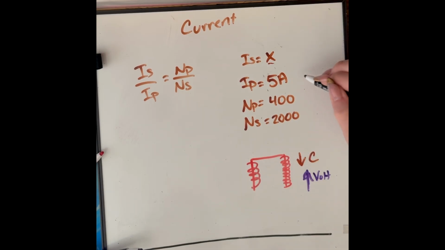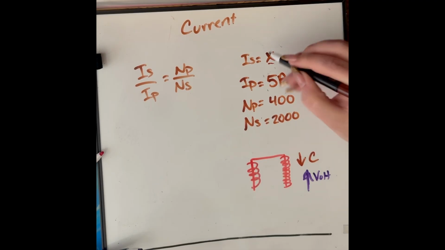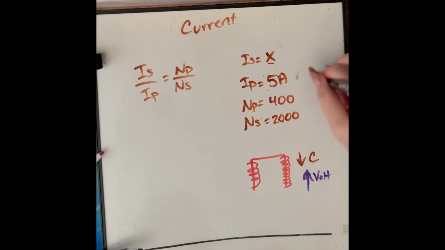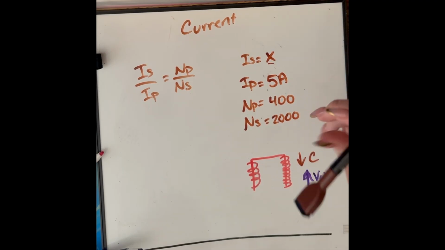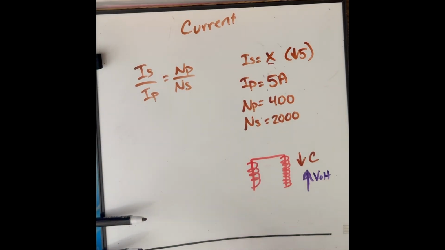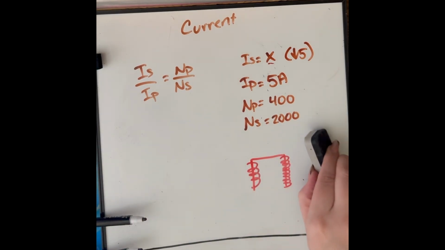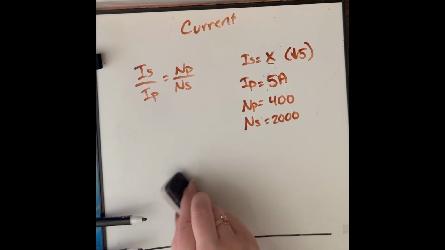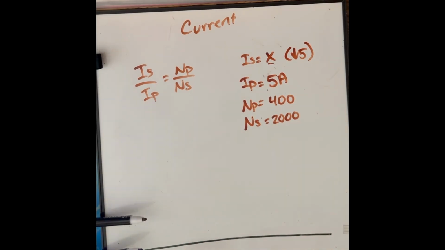So what I'm looking for here on my secondary side is a number that is less than the applied current, because my current would have gone down if my voltage went up. So when I solve for this, I'm looking for a number less than 5. And this is going to be a true test if I know how to make up a problem and solve it, because I just did this off the top of my head.